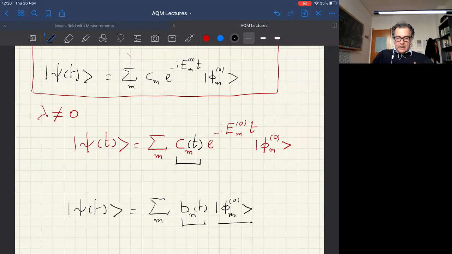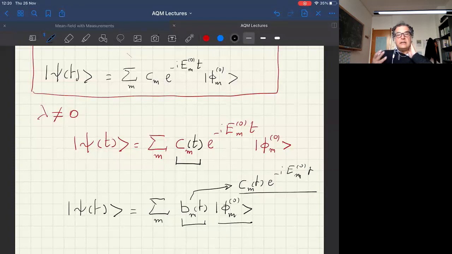Now, what I'm telling you is that it's convenient to take this Bm as Cm of t times e to the minus i E0 of m t. This is just a choice, but it's not that I determine the evolution in terms of H0, okay?